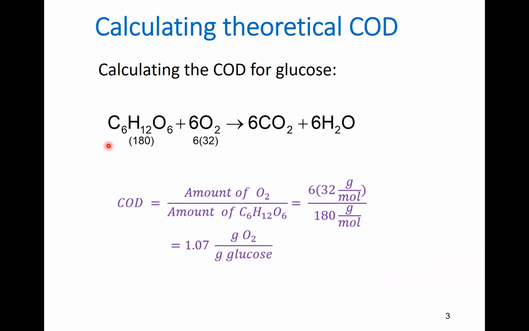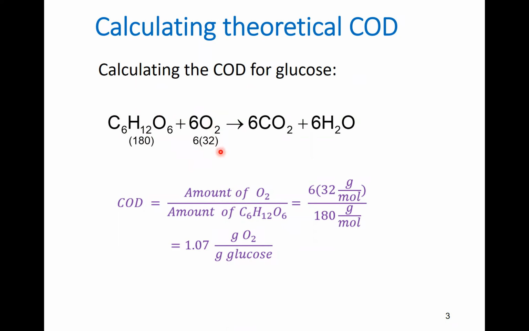For example, glucose may not actually be a waste, but this is just a standard compound that we can use to calculate the chemical oxygen demand. The formula for glucose is C6H12O6. So how much oxygen do I need? If I have 1 mole of glucose, I need 6 moles of oxygen to oxidize this material.